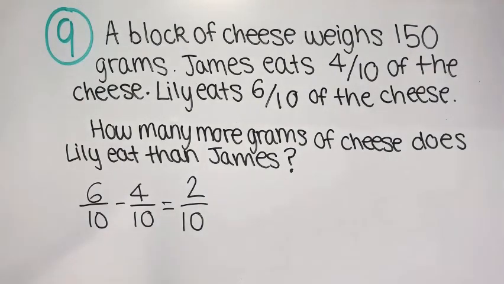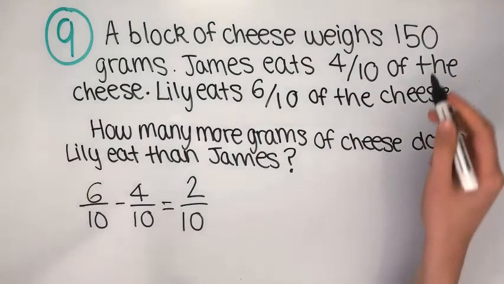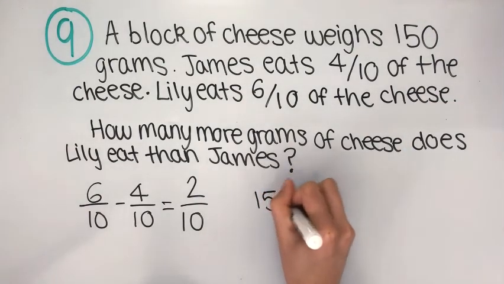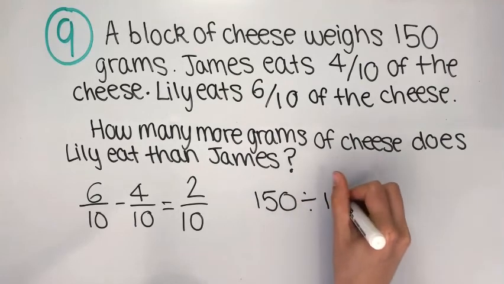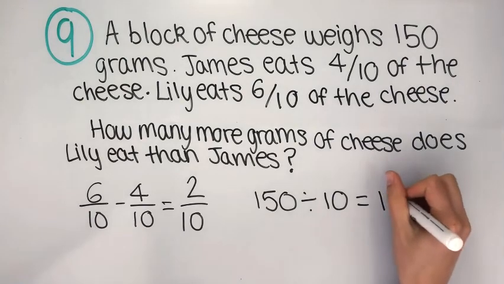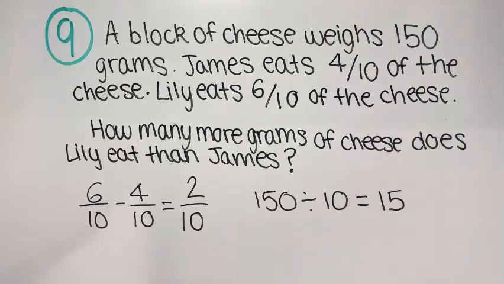Now we need to work out how many grams of cheese she has eaten more. What we are going to do is to divide 150 by 10. When we're dividing by 10, we're taking away a 0. So our answer is 15.